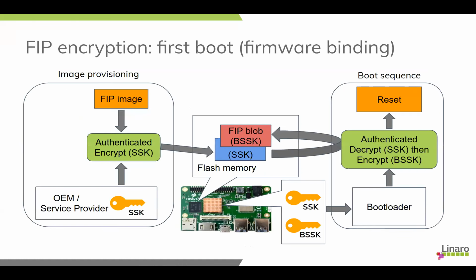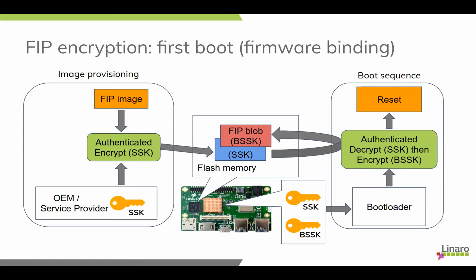So this figure depicts the process during the first boot, where we try to leverage both key types, and it's known as the firmware binding. In this case, the OEM or service provider has access only to the shared secret key, and it does the normal authenticated encryption for the FIP image and provisions it onto the device flash memory.